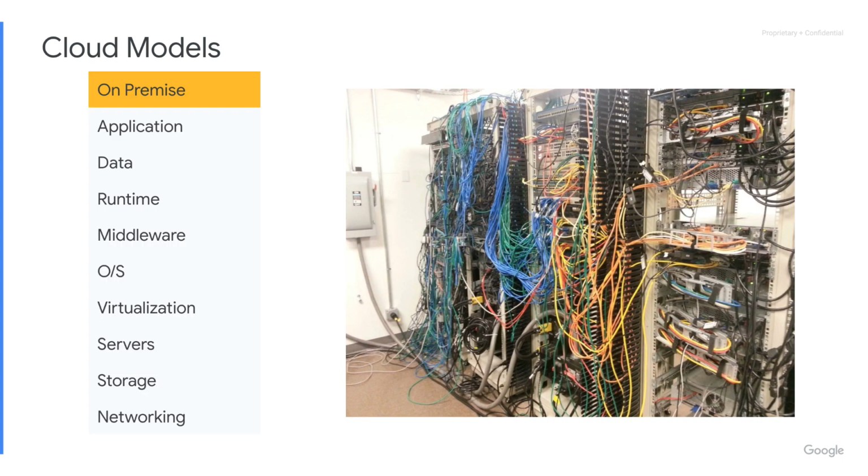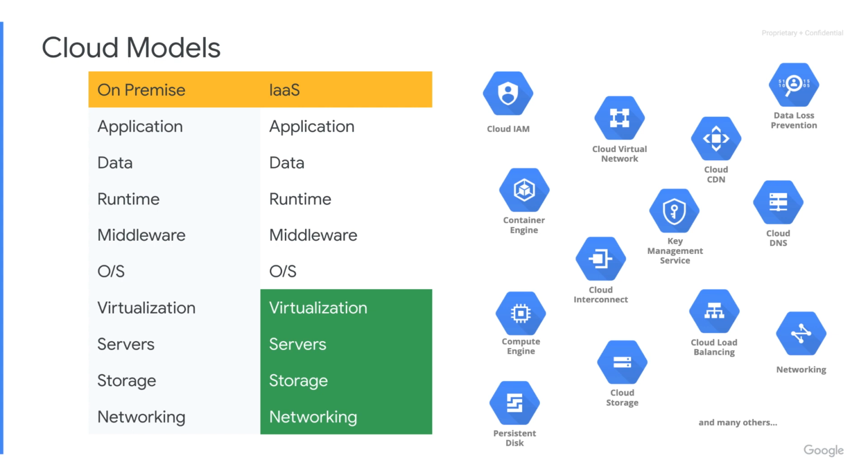And I just mentioned the cloud model. So let's have a look at the most common cloud models that you may have already heard of. Here we can see the different stack of items that are part of the classical IT infrastructure on-premise: networking, storage, server, and so on. And I hope that the one on the right is not the picture of your data center. So when we talk about cloud models, the first one is infrastructure as a service.